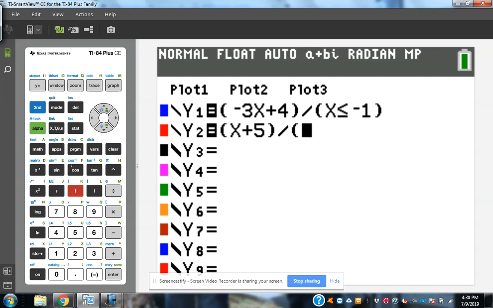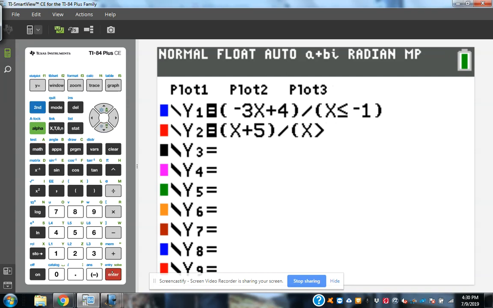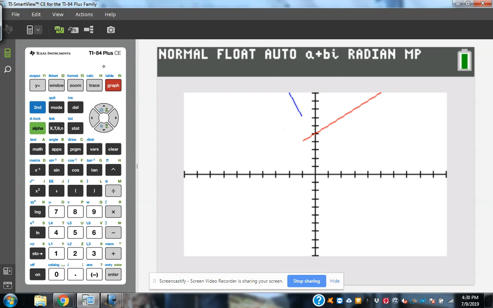I want to do x is greater than -1. So X, and then second math, greater than is the third option there, -1. Close the parentheses, hit graph.